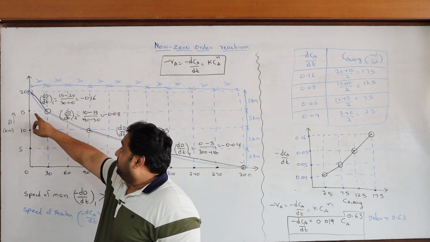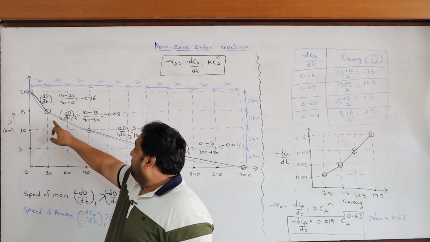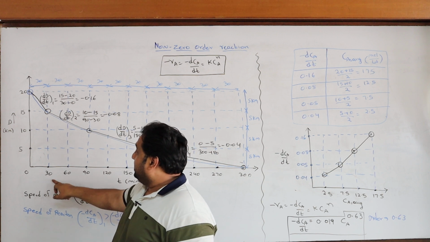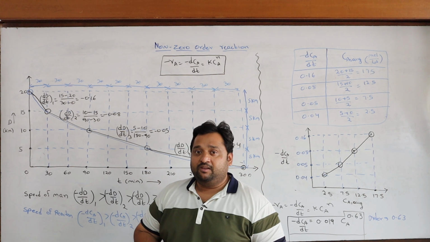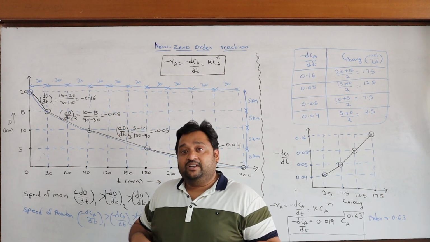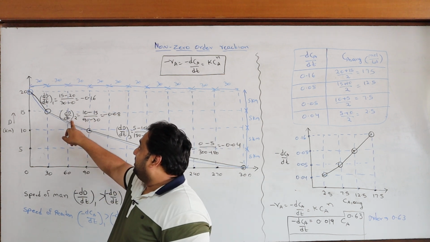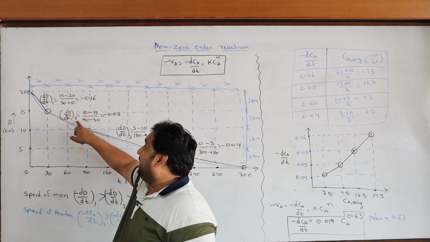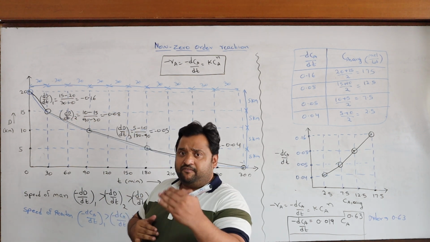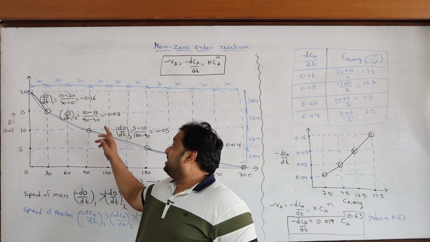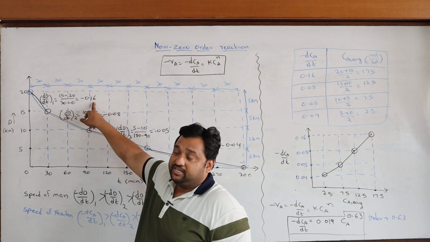For the next 5 kilometers, from 15 to 10, he has taken from 30 to 90, which is 60 minutes. That means the initial 5 kilometers he covered in 30 minutes, and the next 5 kilometers he took 60 minutes. So the slope at this point, dd by dt at 2, is 0.08, which is less than 0.16.